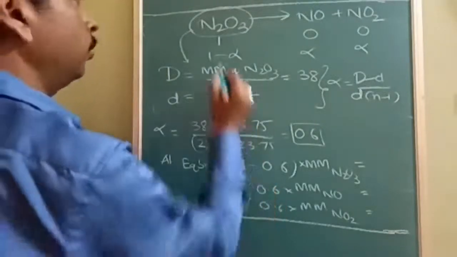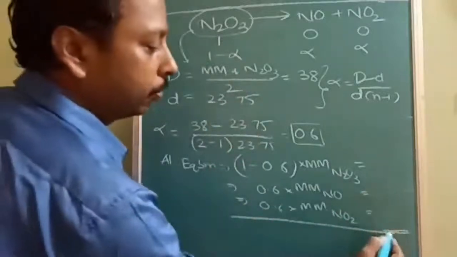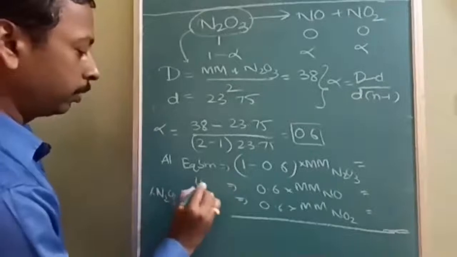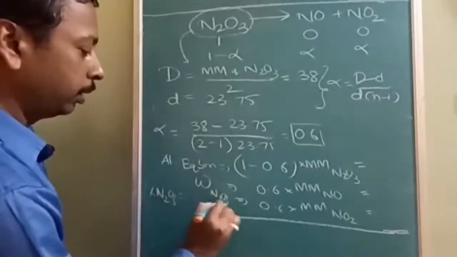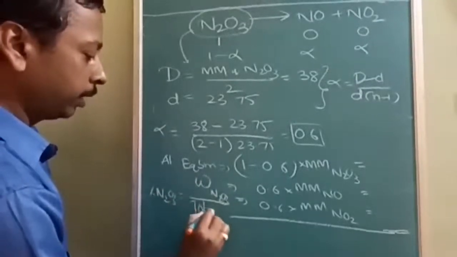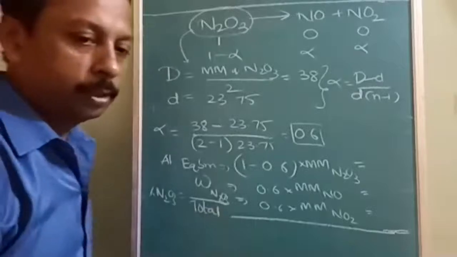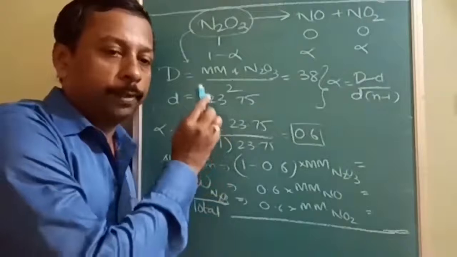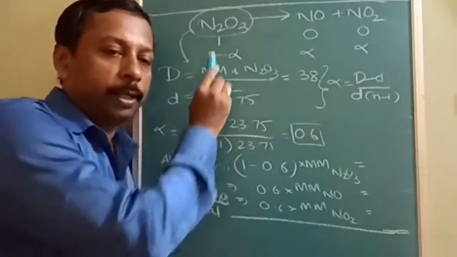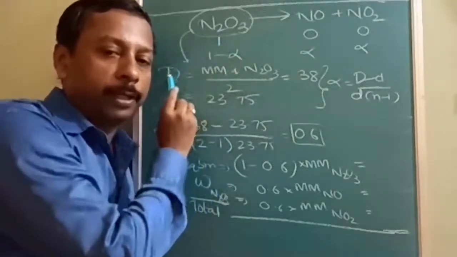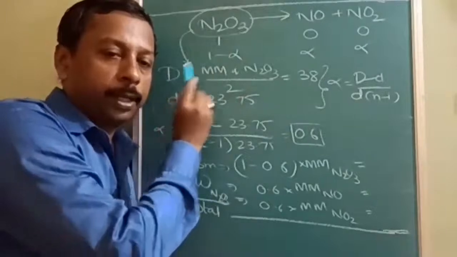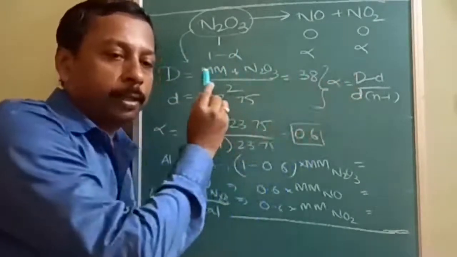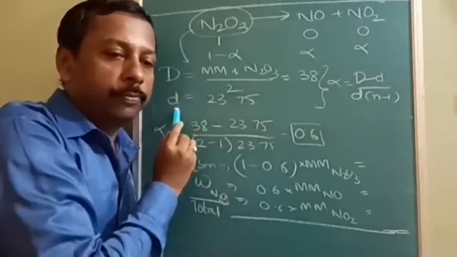In this question we have to find the percentage by mass of N2O3. Once you get the total mass, the percentage of N2O3 is equal to the mass of N2O3 divided by the total mass. Again I am explaining, listen carefully. Simply by formula, only the reactant is used for capital D, and the equilibrium mixture composition is used for small d.